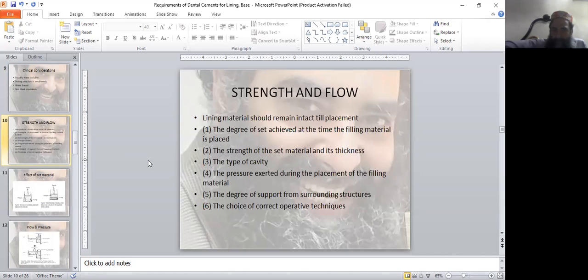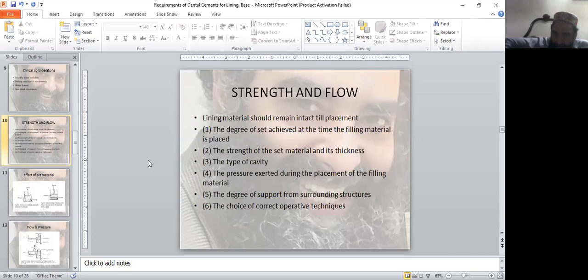If we see the strength and flow, lining material should remain intact till placement of final restoration, because we have lining material, then base, and then the final restorative material. The degree of set achieved at the time the filling material is placed is important.